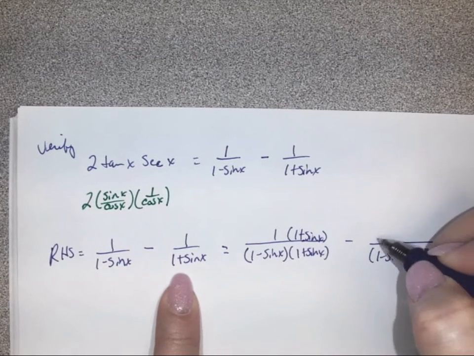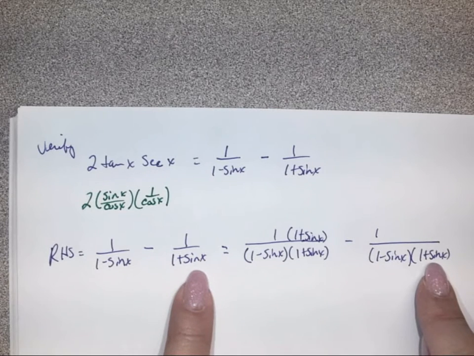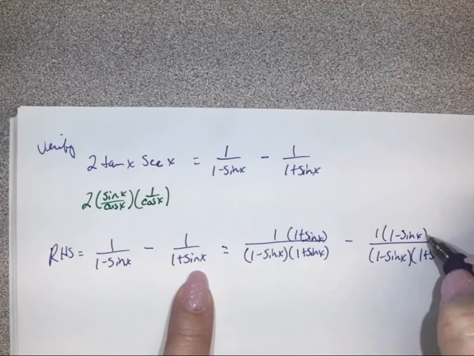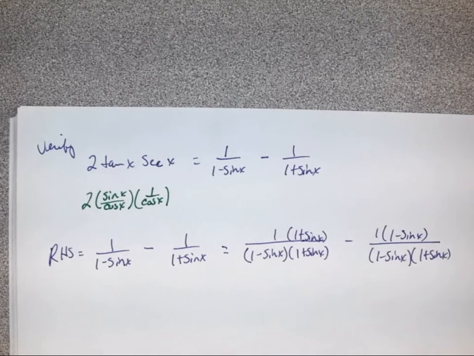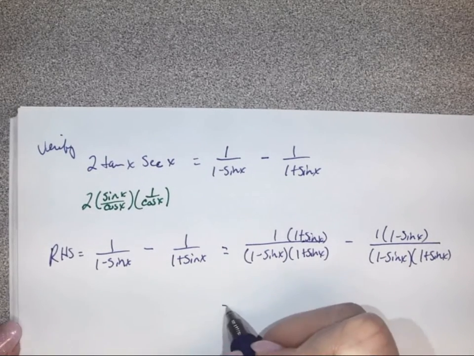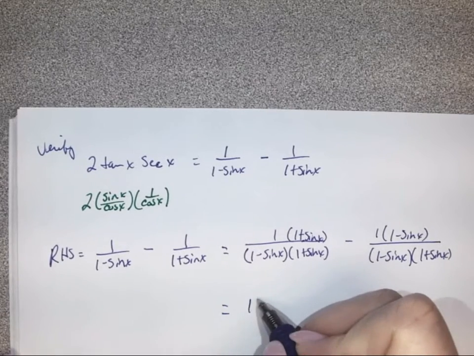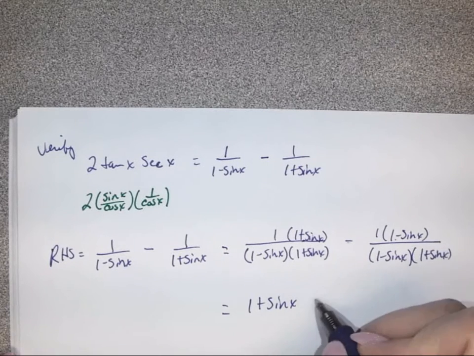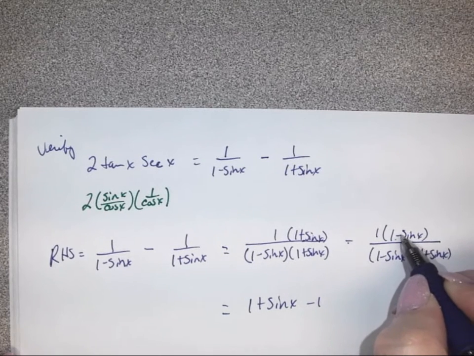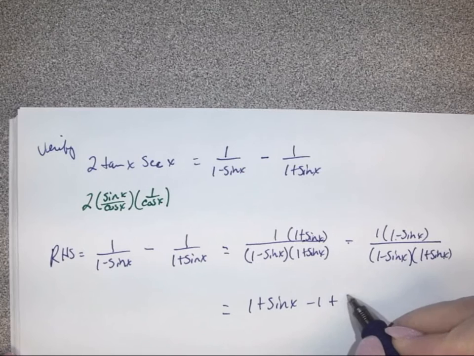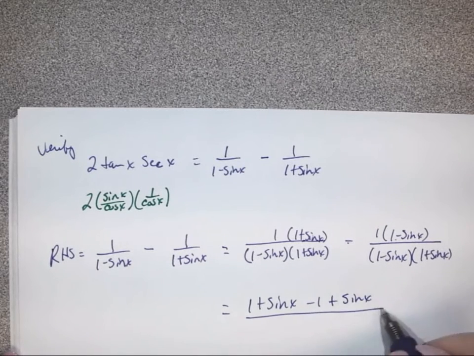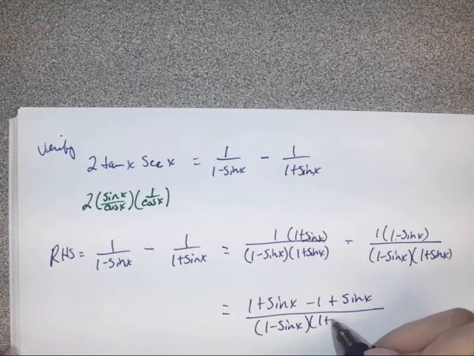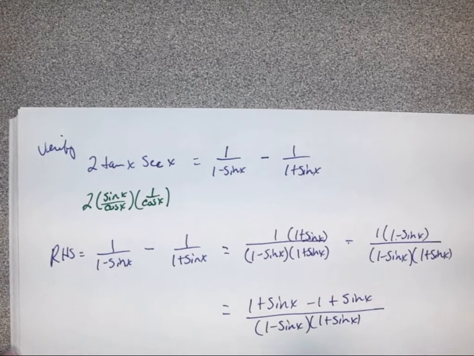Same thing will happen on this side, except I have the 1 plus sine x, so I need to multiply by the 1 minus sine x. Again, the 1 multiplied out there won't change anything. Alrighty, so now I have 1 plus sine x minus 1 minus, times a negative sine x gets me plus sine x, all over my common denominator of 1 minus sine x times 1 plus sine x.